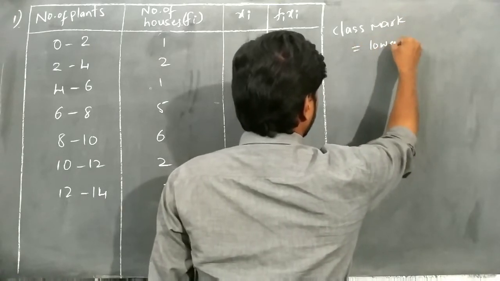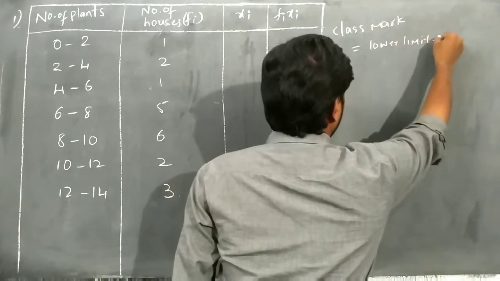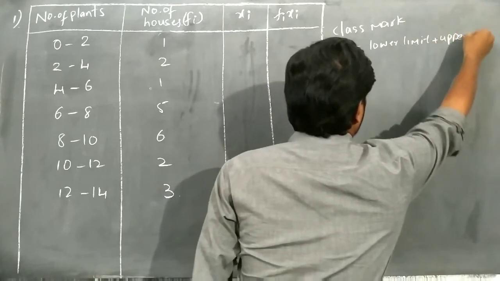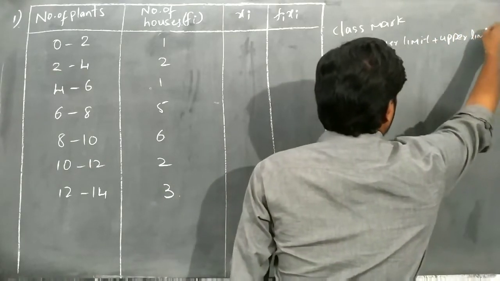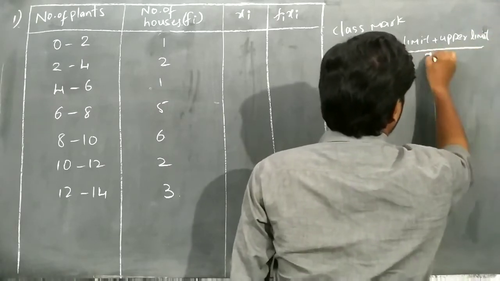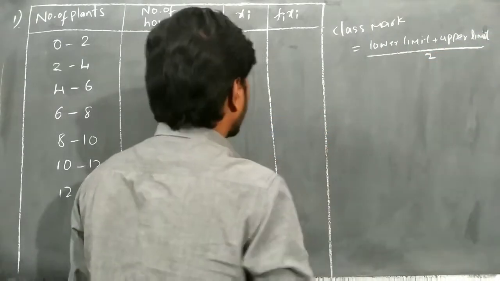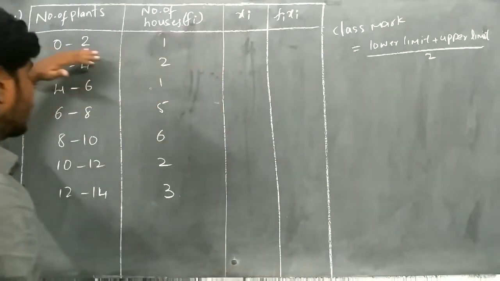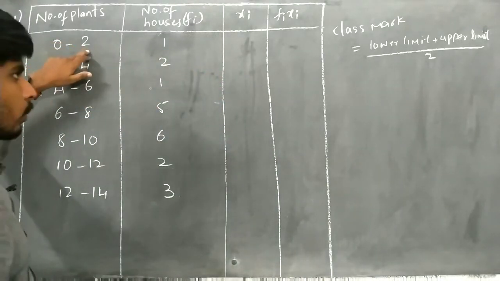equals lower limit plus upper limit by 2. So here what is the lower limit? 0, upper limit 2.